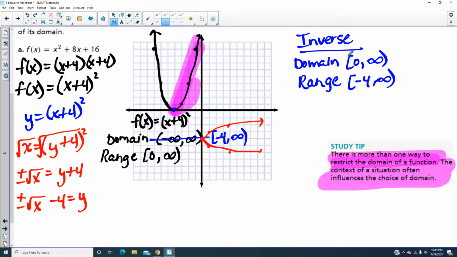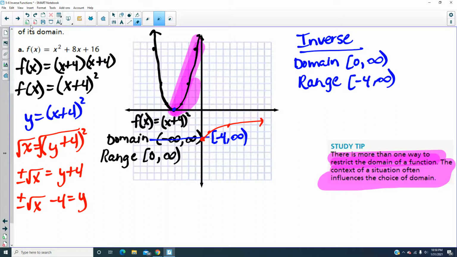But we restricted it so that the domain goes from 0 to infinity, and the range goes from -4 to infinity. So from -4 and then up means I'm going to delete this bottom part. So let me erase that bottom part so that the range of my inverse only goes from -4 to infinity. There we go. So there's my inverse.